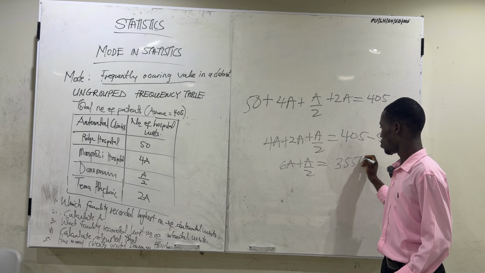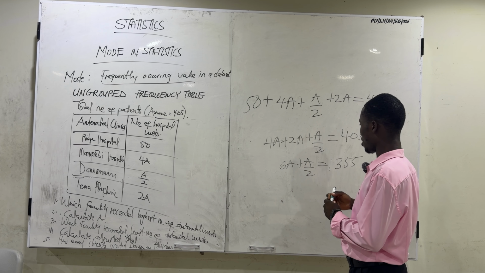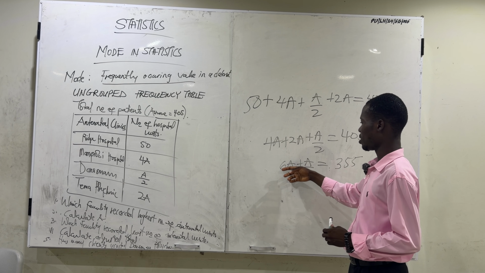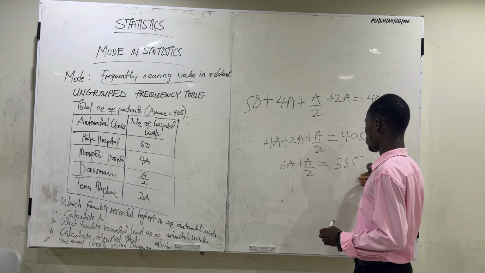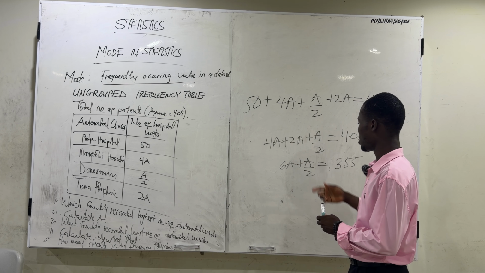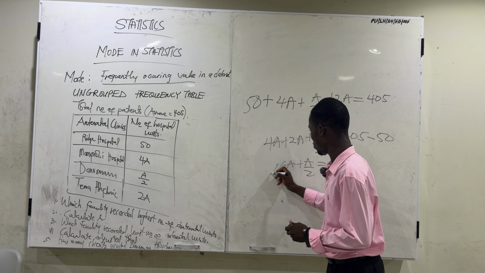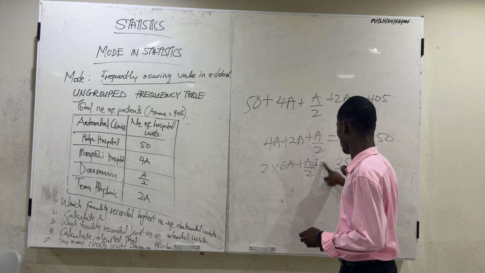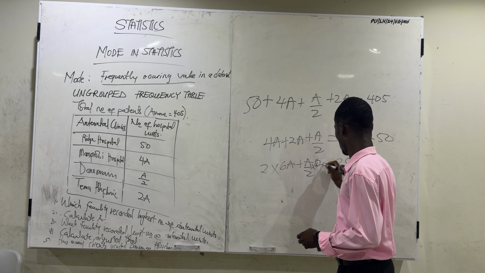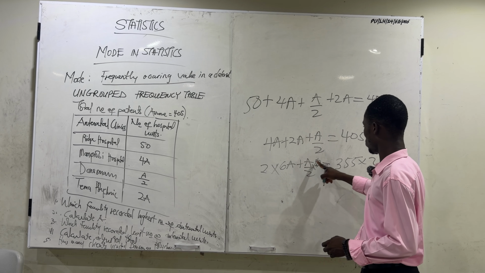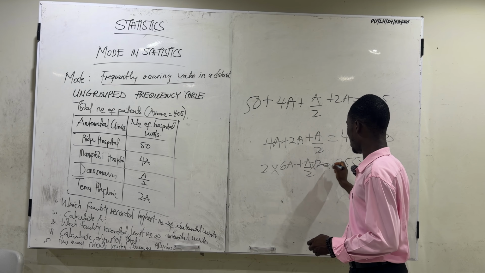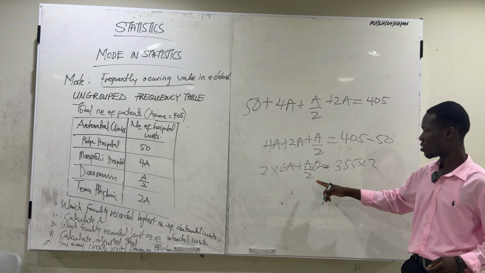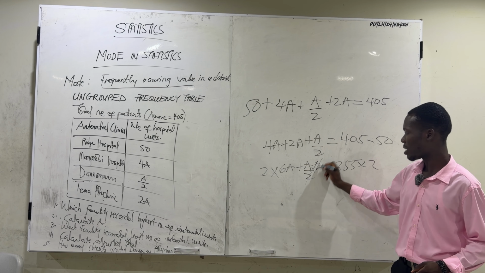355. Now, in mathematics, this is assumed as 6A over 1, and this also is over 1. So we multiply by 2, here 2 by 2, so that we can get rid of the denominator. These two will cancel these two.